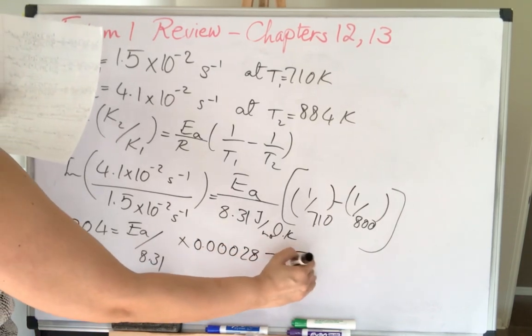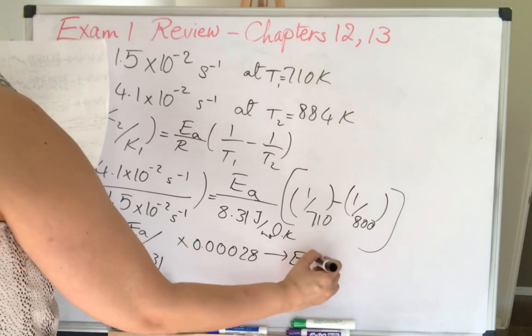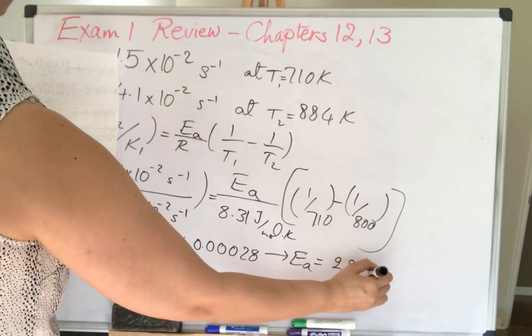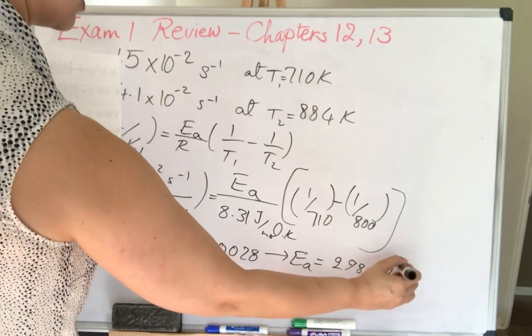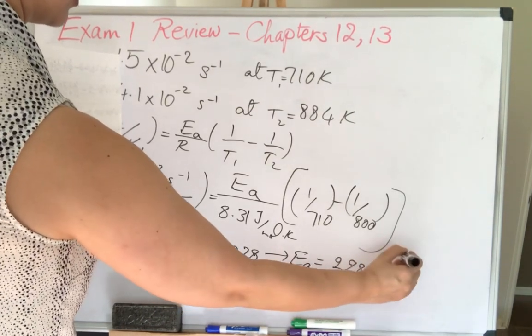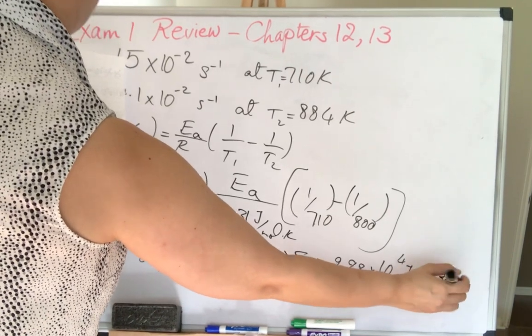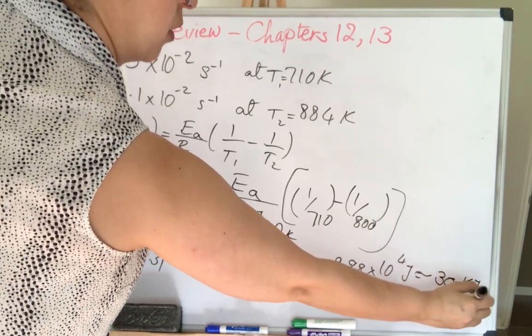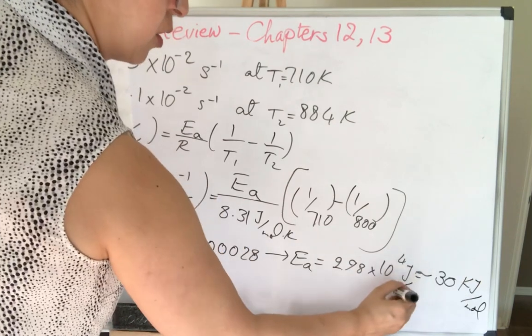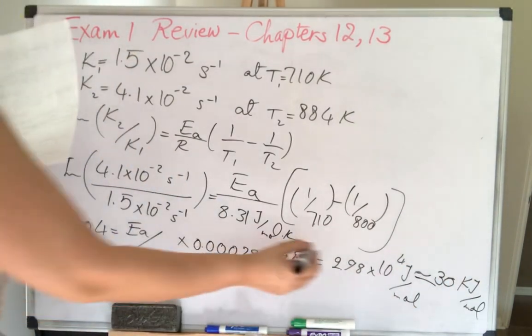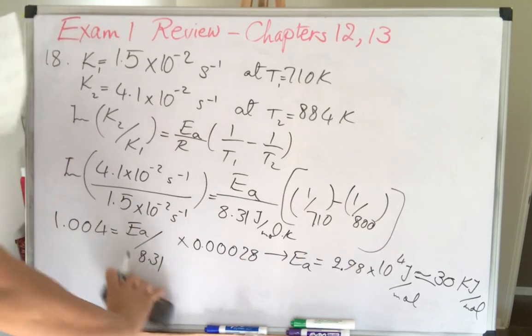Then Ea is 2.98 times 10 to 4 joules, which is about 30 kilojoules per mole. I just changed my joule to kilojoule, multiplied it by 1,000.